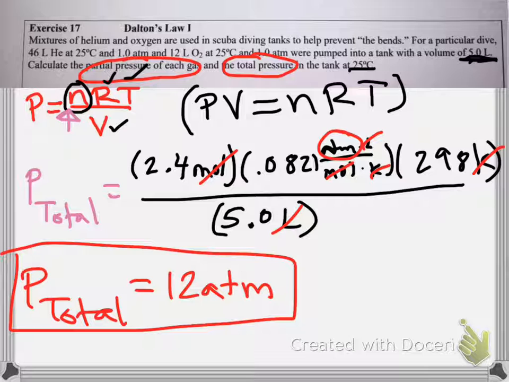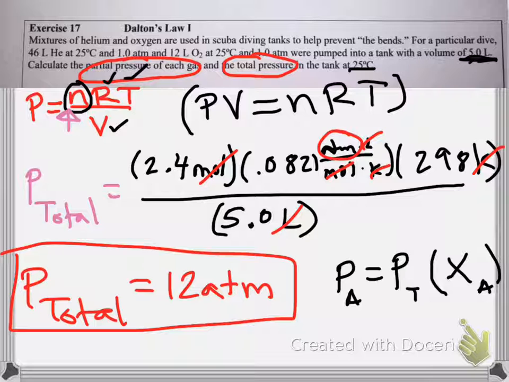Now, once you have your total amount of pressure, you can find out the partial pressure of each gas. The way we do this is we use that equation that you hopefully see on the paper. The partial pressure of a specific gas, so we're going to call this gas A, is equal to the total pressure of all of our gases times the mole fraction. So the mole fraction means how much of our hypothetical gas A do we have in this total problem.